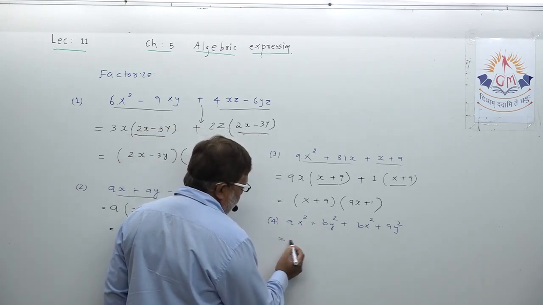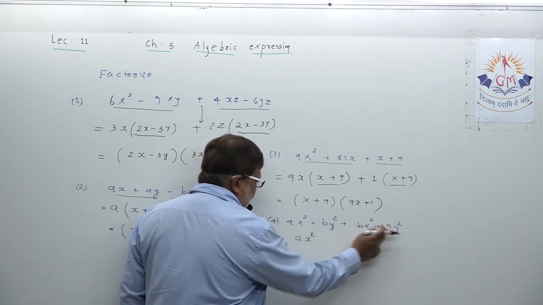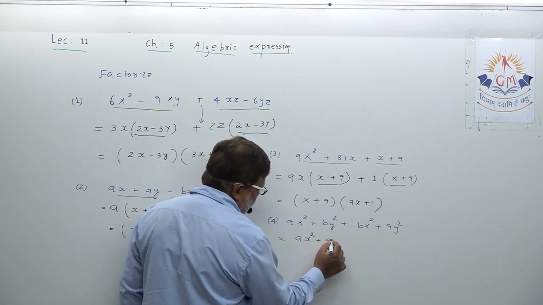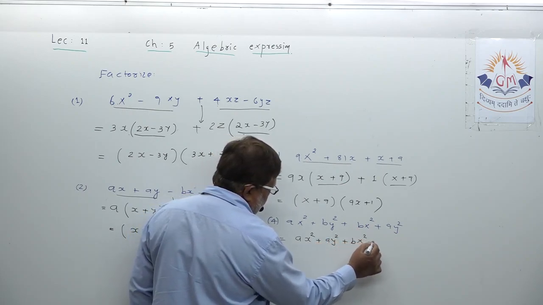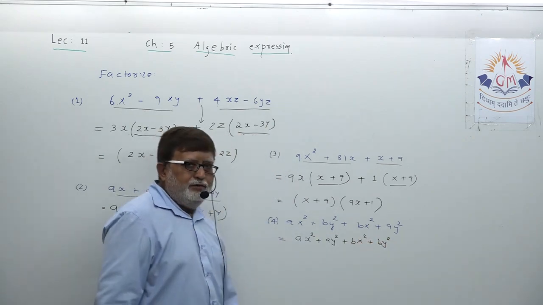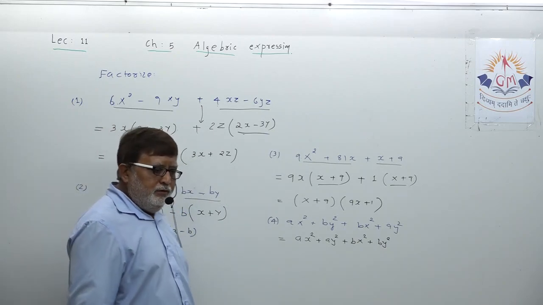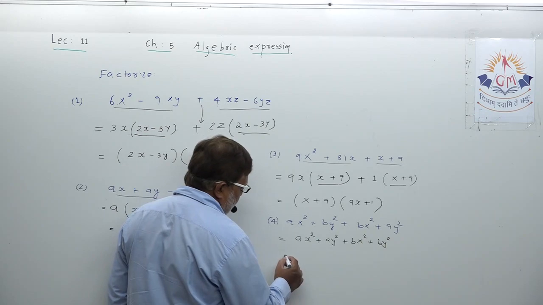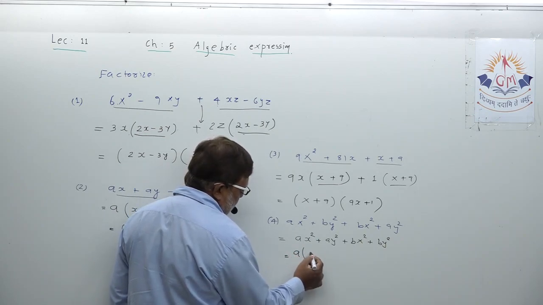Let me do it. This is ax square. I will take this term ay square. Then I will write bx square and by square. There does not exist any rule for this. It is up to your common sense to group. What is common in the first group? a.